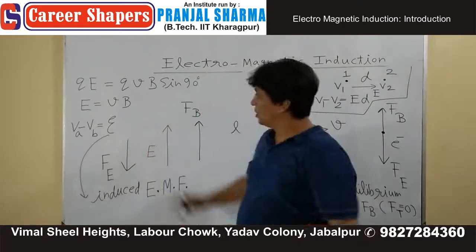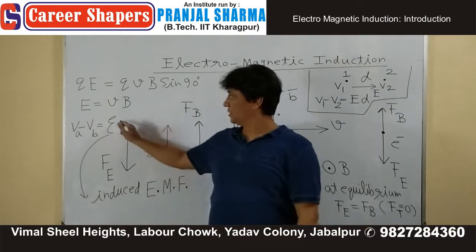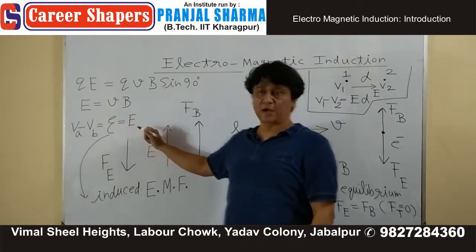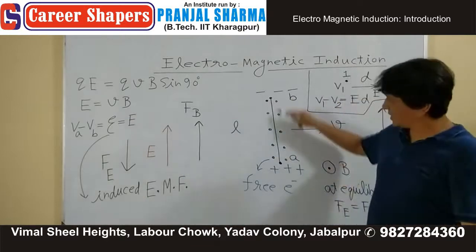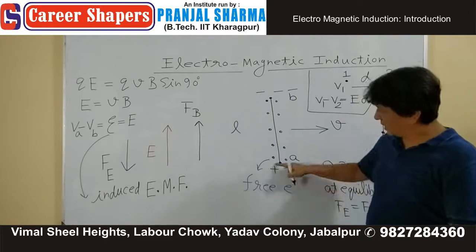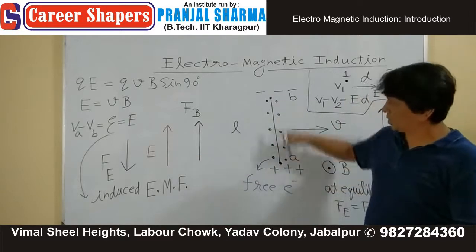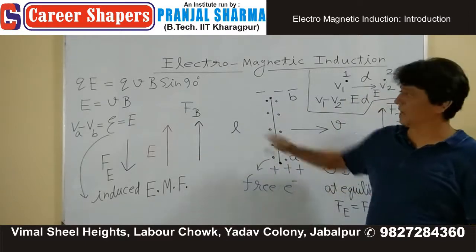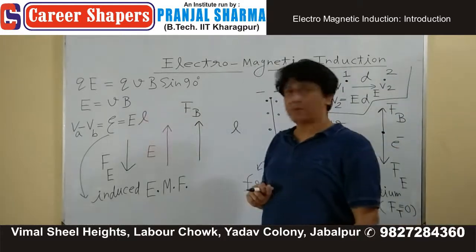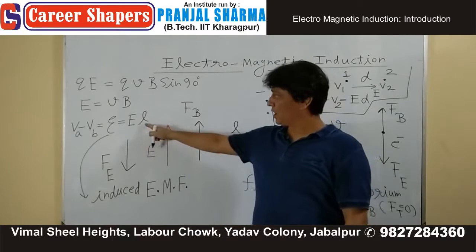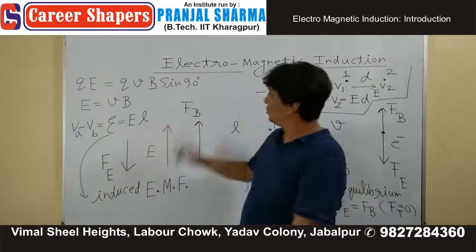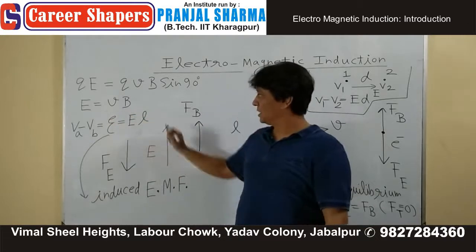So, what is VA minus VB? E multiplied by d. In this direction, you have an electric field E, and the distance between these 2 points is L. And therefore, this is E multiplied by L. We have already found the value of E, which is VB.